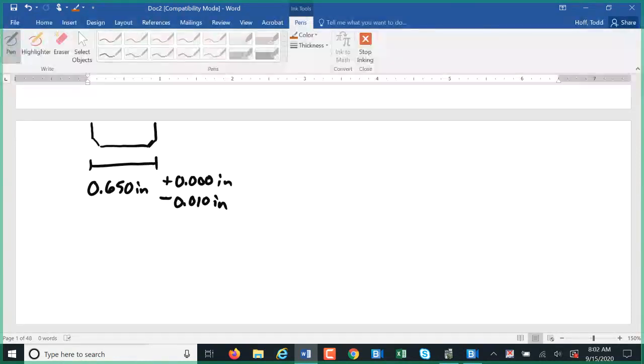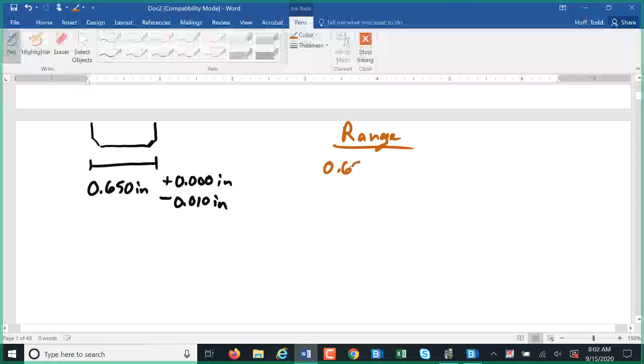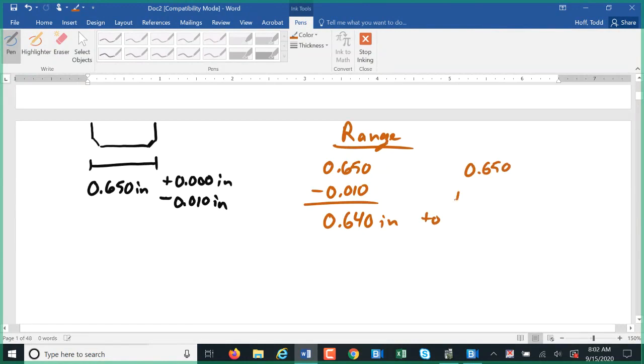In an ideal world, that's what we would desire it to be. But it cannot be larger, but it can be smaller. Now this is going to give us an allowable range of 0.65 minus the 10 thousandths, so that's 0.640, to 0.65 plus nothing, which is just 0.65.